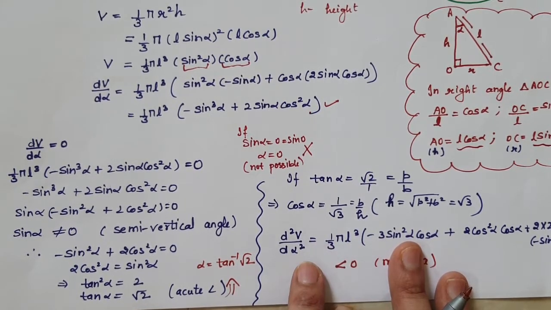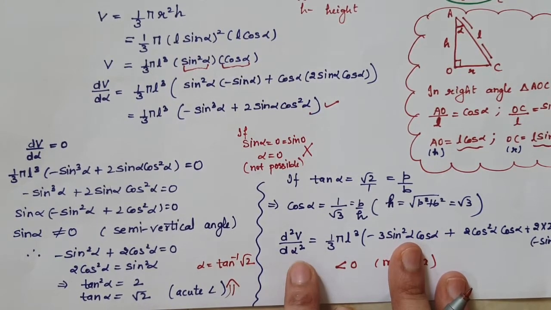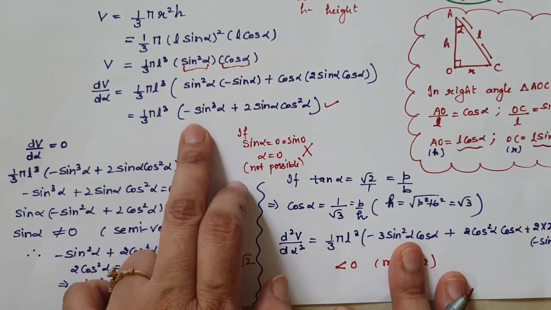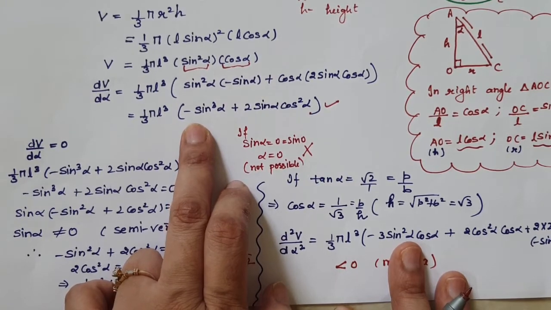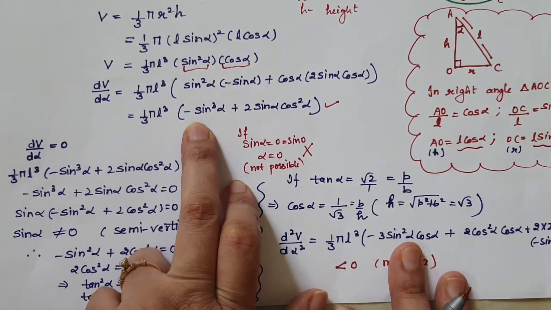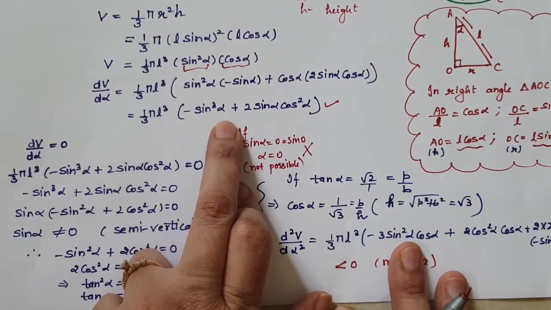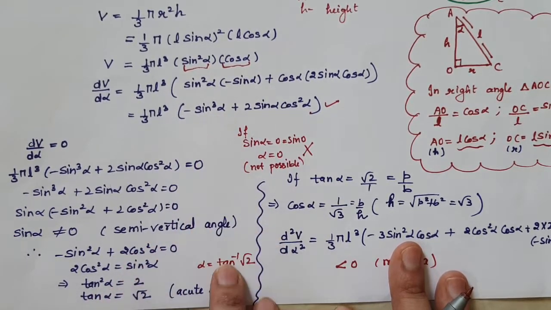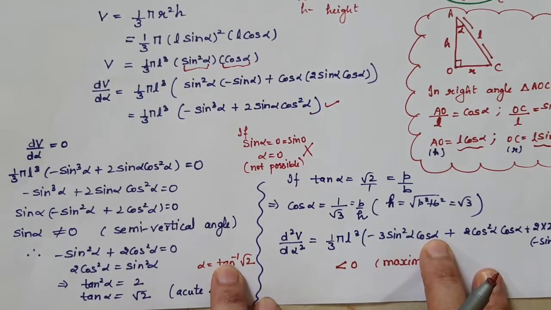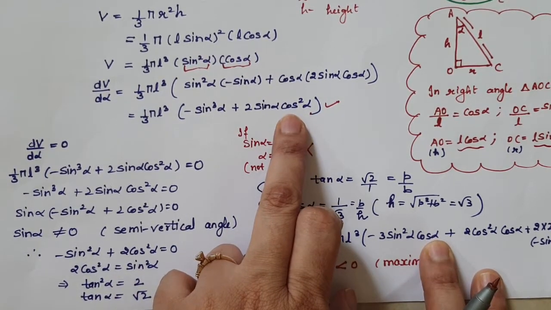Now to test whether the volume is maximum or minimum, we need the second order derivative. How can we get that? By differentiating this again with respect to alpha. So differentiate it. What do we get? Minus of 3 sin square alpha, and the derivative of sin alpha is cos alpha, which is this. And here you apply your product rule.